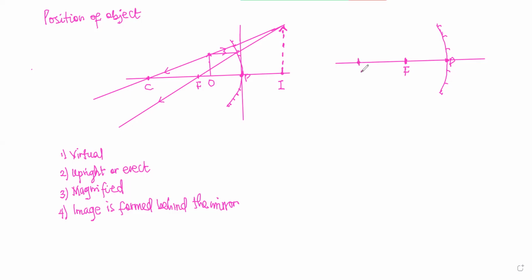The focal length must be equal to half of the radius of curvature. So this is C. Now, object is at F. So place the object at the focal point.